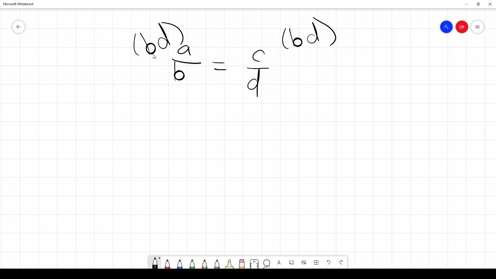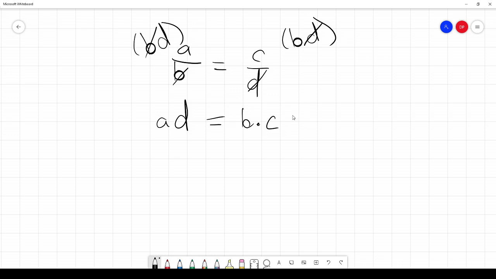When I do this, looking at the left side, you'll notice I have a b divided by b. I wanted to get rid of the fractions, and I did. Now I have the d left, so I have a times d. On the right side, my d's cancel out. So now my fraction is gone. What do I have left? I have b times c.